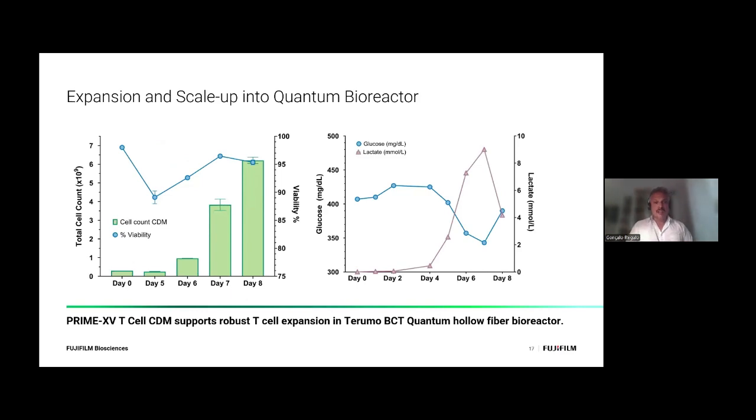In our case, we regularly use expansion with our chemically defined T cell media in the Quantum hollow fiber bioreactor. And it's a great example where in about 7 to 8 days, you start with a very small cell number, and you can achieve up to 6 billion cells, with optimal biology, and you see the control, the nice drop in glucose and rise of lactate as the cell progresses in a very linear fashion.